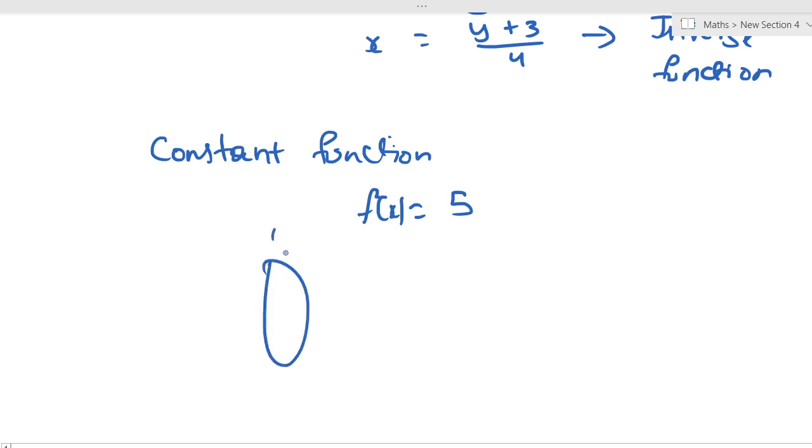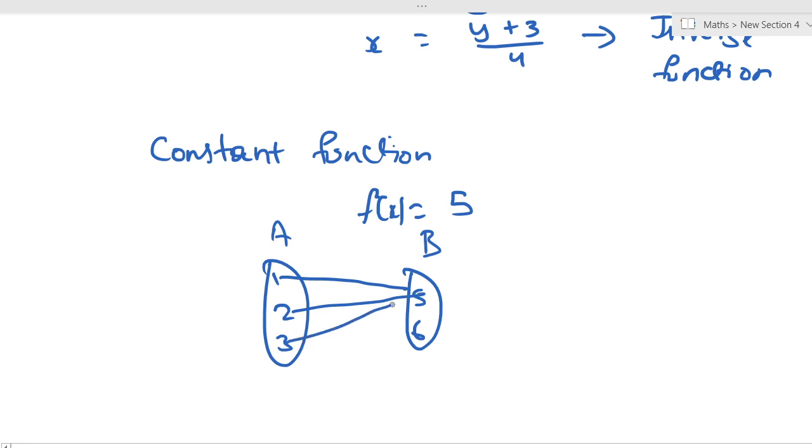Even if we have anything like 1, 2, 3 and 5, 6, everything will be linked to this one only. So if every element in A corresponds to only one element in B, it is a constant function. Irrespective of the value of x, the value must be 5. Then it will be a constant function.